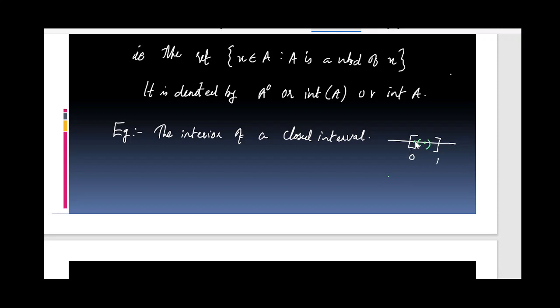Up to where can I move? From here to here. So it should be the open set from 0 to 1. So the interior of a closed interval is the open interval with the same endpoints. That is, the interior of the closed interval [0,1] is the open interval (0,1).